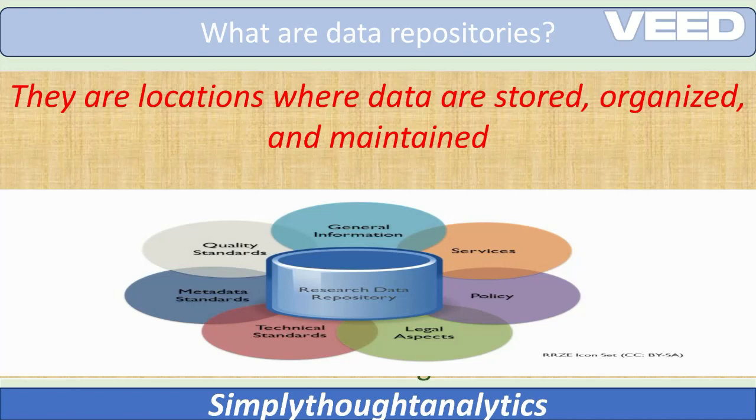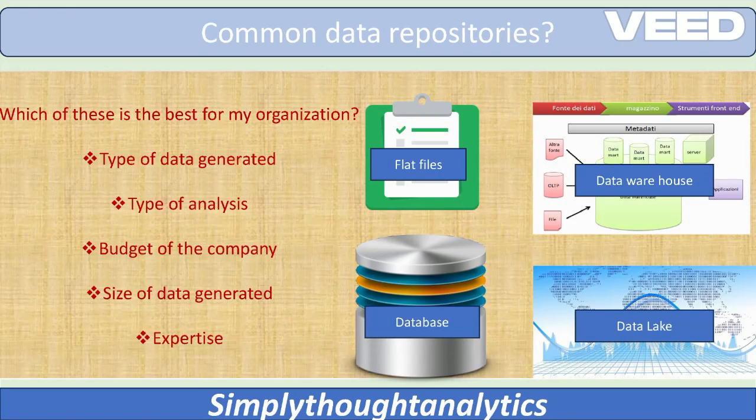So let's look at the different types we have and their peculiarities. So the common data repositories are what we call flat files, databases, data warehouse, and data lake. There are several other types, but considering the fact that this course is for beginners, I'm only focusing on these four categories.